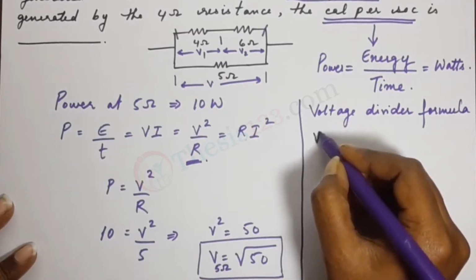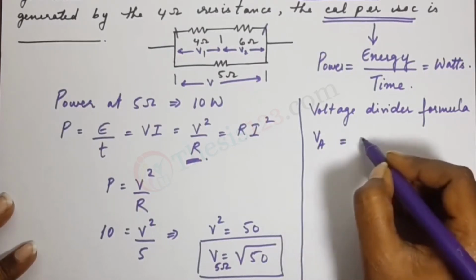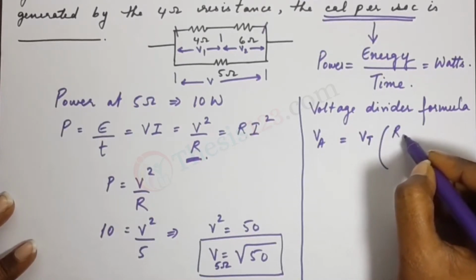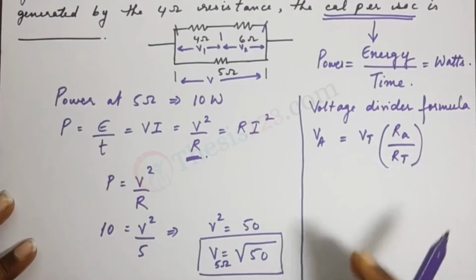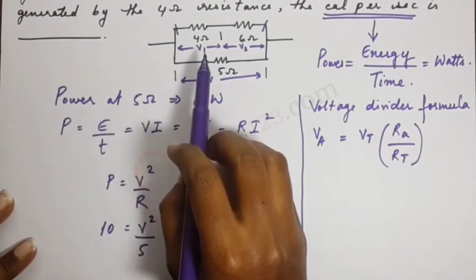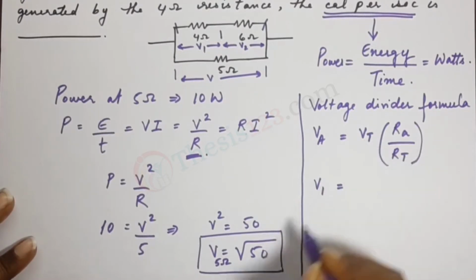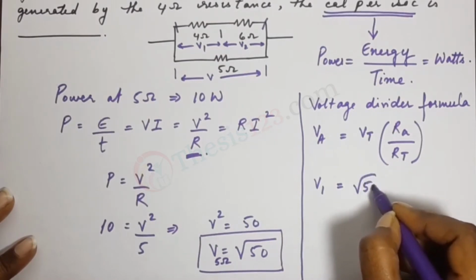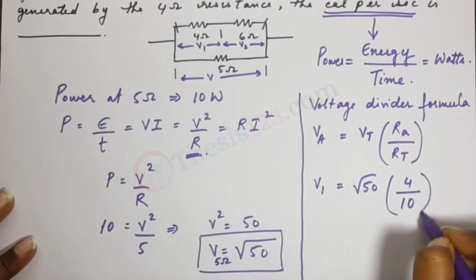Now the voltage divider formula says that the voltage across a certain resistor, let's say A, can be found by multiplying the total voltage by the ratio of RA by RT. Okay, so if I apply this to the circuit here, we can find what V1 is. VT is what we have found here, root 50, times RA is 4 divided by 10.